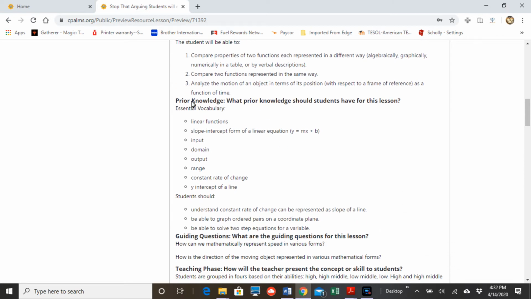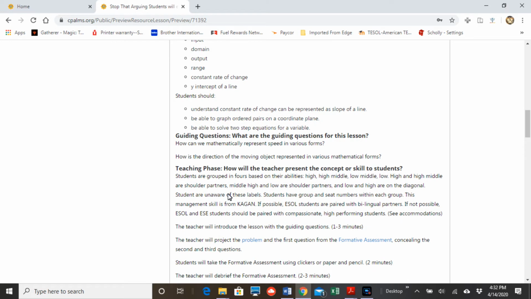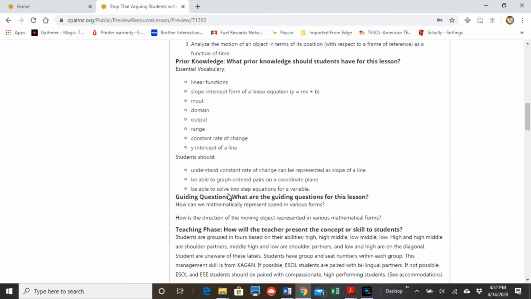Before even doing the lesson, what prior knowledge does a student need to know? So here is where you look at your vocabulary. So have your students copy this, and I highly suggest, even though we are on digital learning and you're looking at these lessons, please have students write things down.